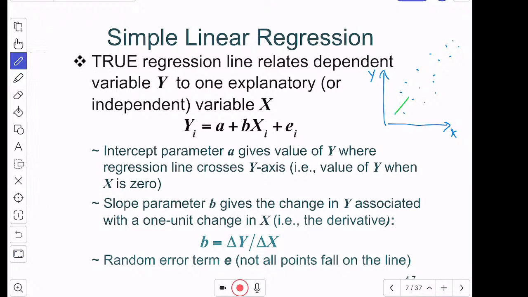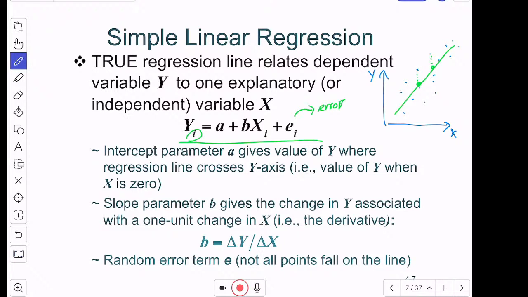But the difference is I have the population. So this would be an expression of the parameters. Notice I have E here. So I'm adding that in for each observation, the little i here. This is error because to reach all of these observations, I can go on the line, but then I have to go a distance, and that's what the E is.